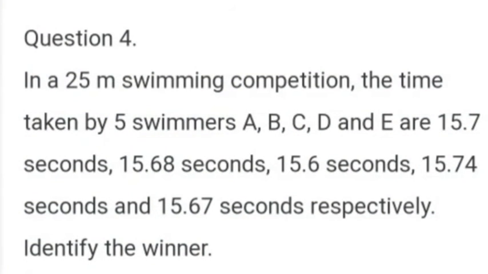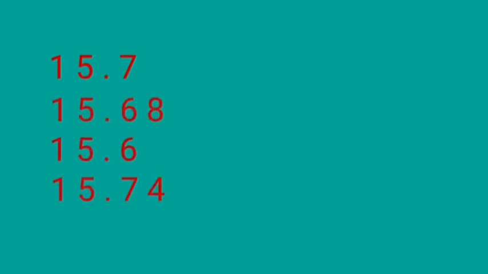Question number 4. In a 25-meter swimming competition, the times taken by 5 swimmers A, B, C, D and E are 15.7 seconds, 15.68 seconds, 15.6 seconds, 15.74 seconds and 15.67 seconds respectively.